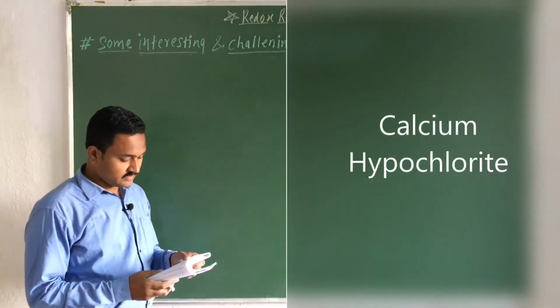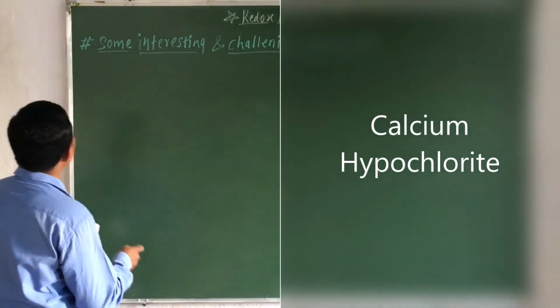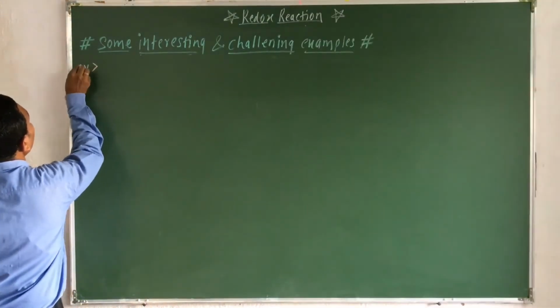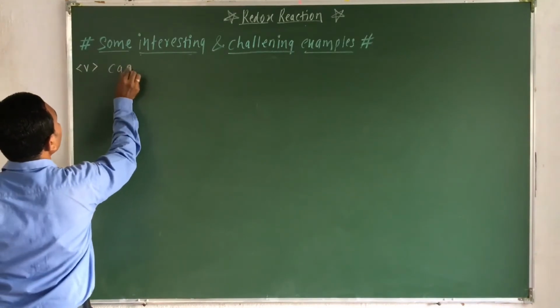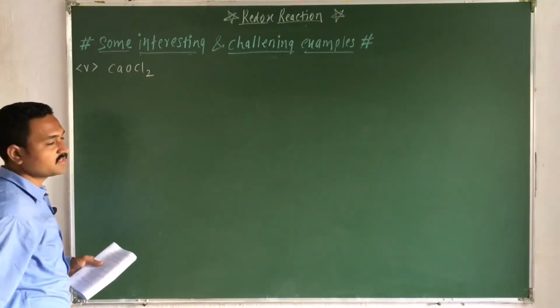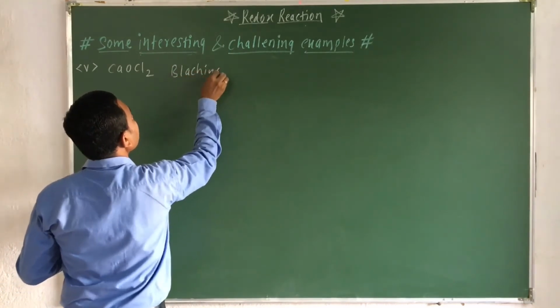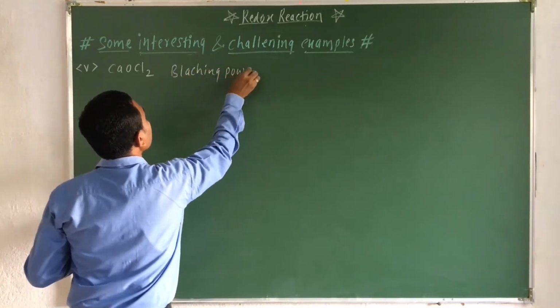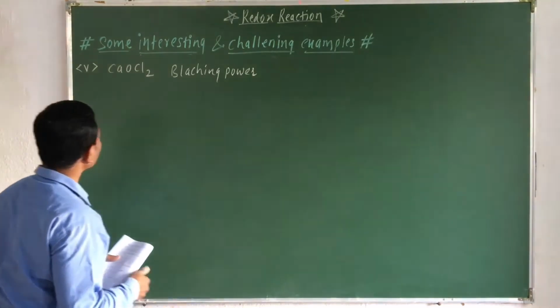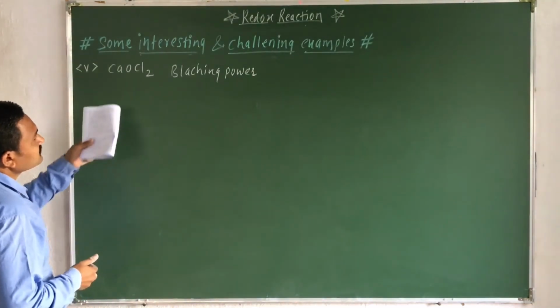Now consider example number 5, CaOCl2, that is our bleaching powder, that is calcium hypochlorite.